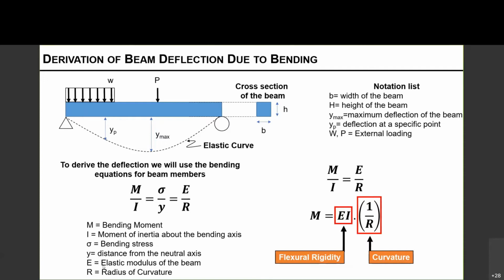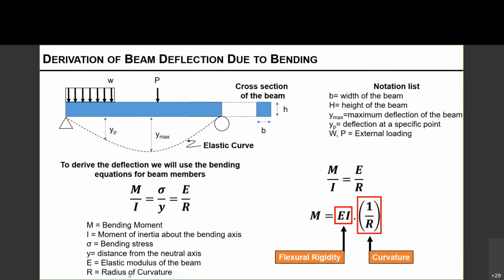And E here is the elastic modulus of the beam, which is a constant for a particular material. If it is concrete, it is constant for that material. If it is steel, it is the same for steel, or if it is wood or timber, that's a constant for that particular material.